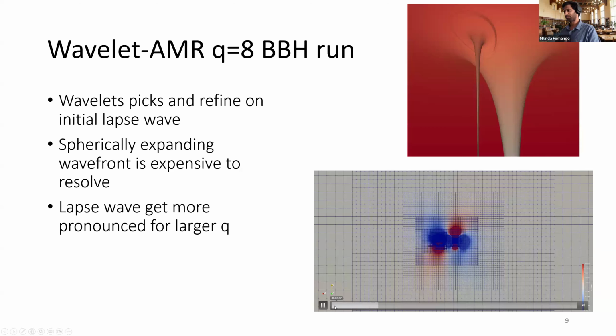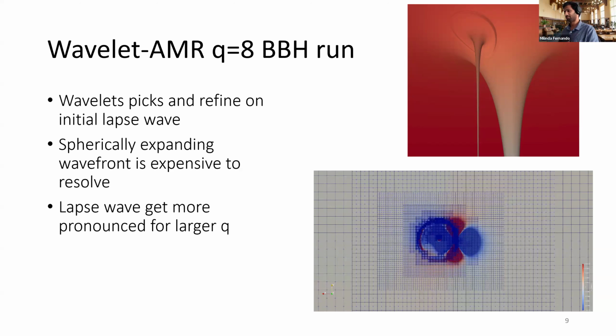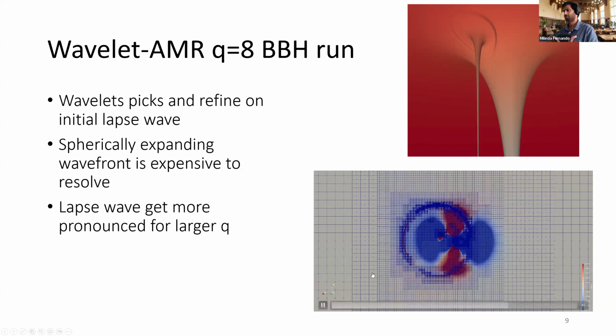We found that in our simulations with increasing mass ratios, this initial lapse wave is more pronounced. For the wavelets, it is hard to define whether this is something to ignore, so they identify it as variability in our solution and start refining. That's what you can see here.